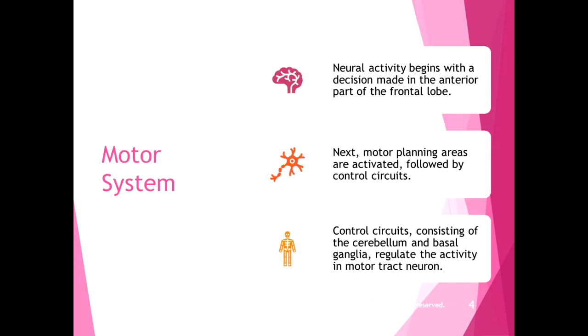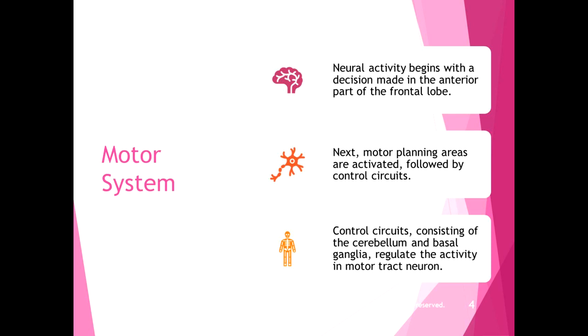Neural activity in the motor system begins with a decision being made in the anterior part of the frontal lobe. The anterior part of our frontal lobe is our decision-making place. That's where we decide what actions we're going to take. That information is then sent to the motor planning areas and some control circuits, which we'll talk about a little bit later in Chapters 15 and 16.